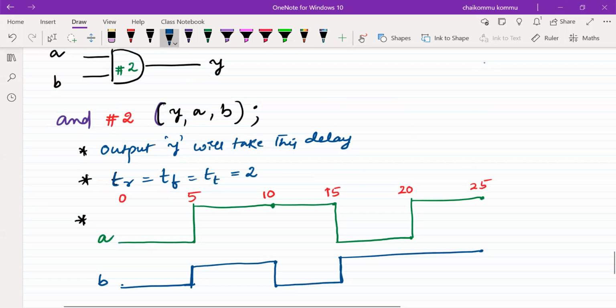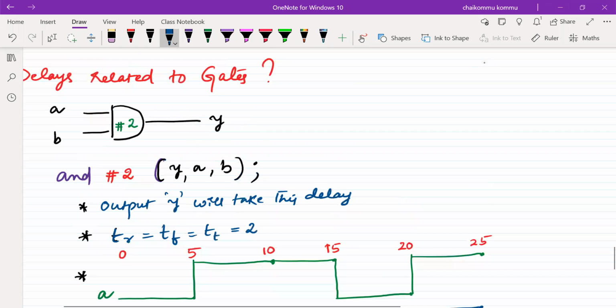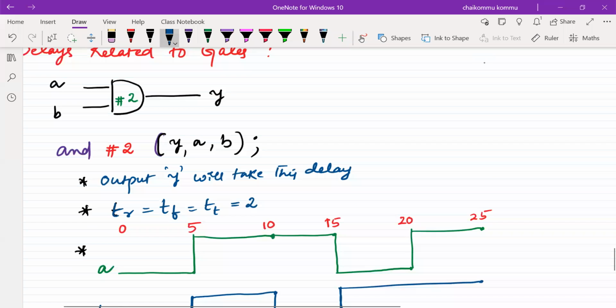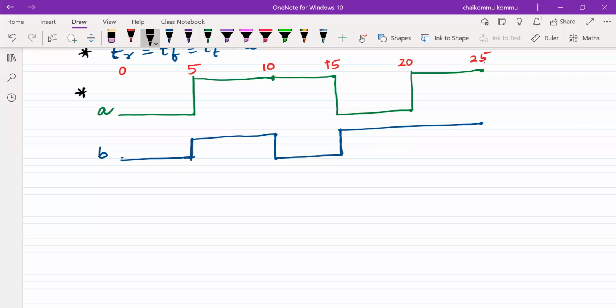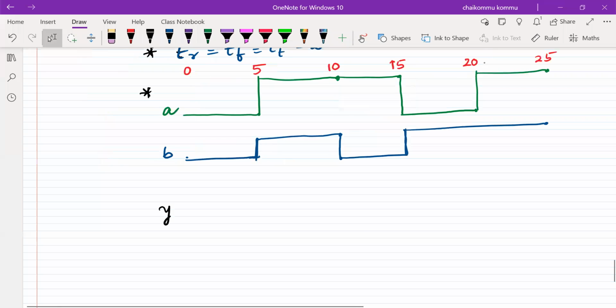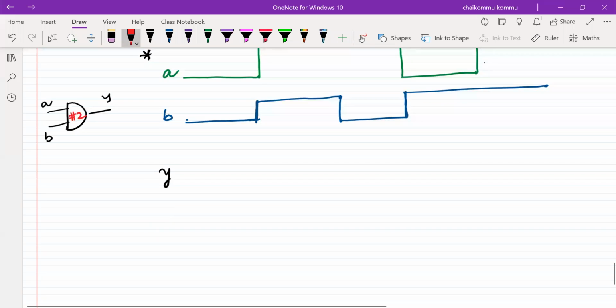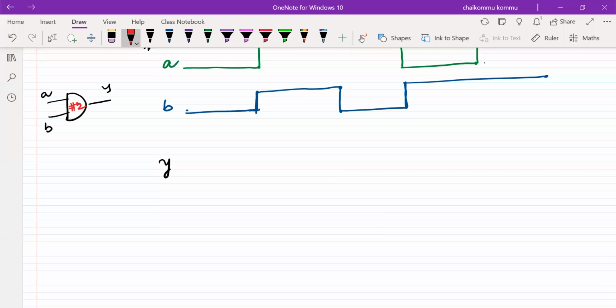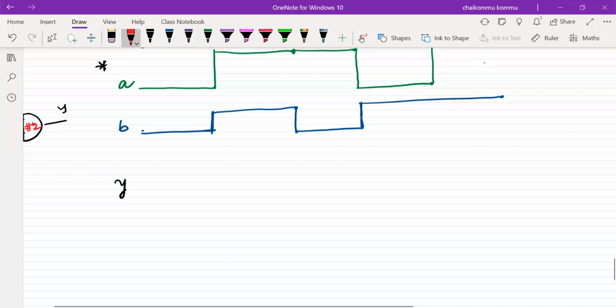I want to define Y. So how do I define Y here? That's the question. I need to mention that this is an AND gate having signals A, B, Y. Its delay is equal to 2 timing units. Okay, 2 timing units I am considering. So let us start here now.